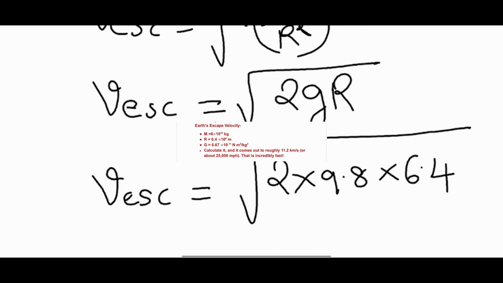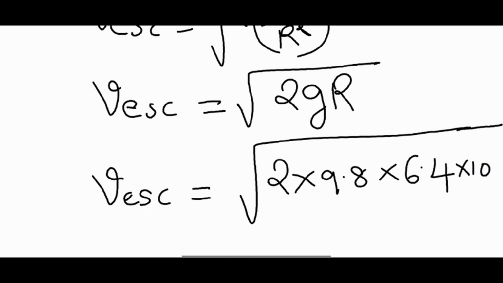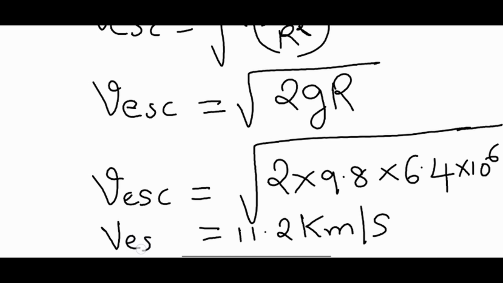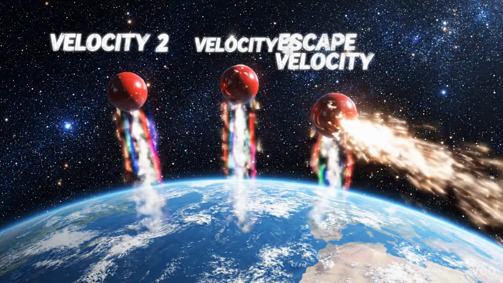If we substitute the values of gravitational acceleration 9.8 and the radius of the earth 6.4 into 10 raised to 6 meter, we will get the escape velocity's value 11.2 kilometer per second.